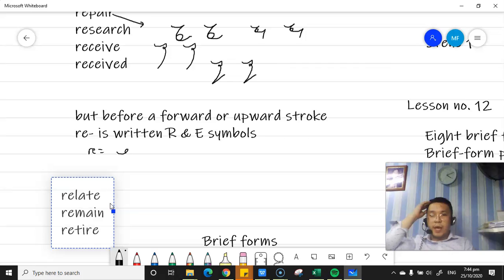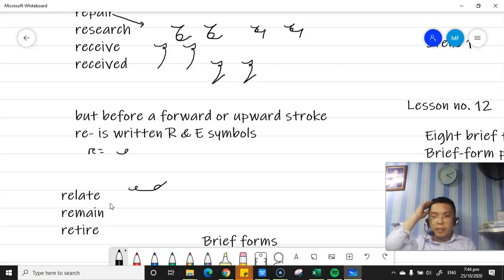Okay, relate, we have the R-E-L-A-T, relate. Remain, R-E-M-A-N for remain. Let me write it again.